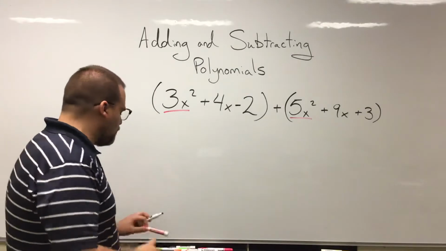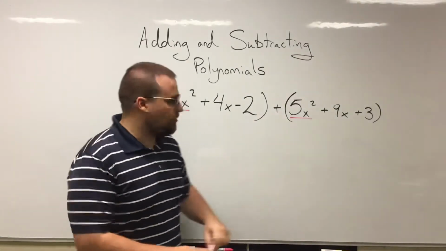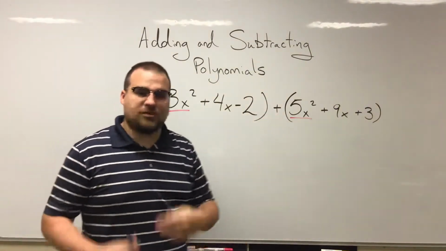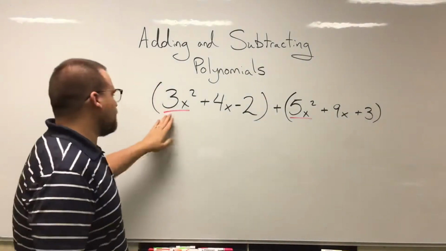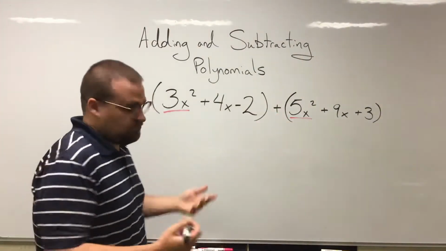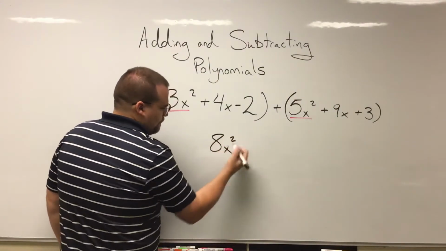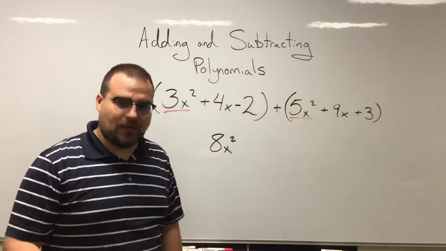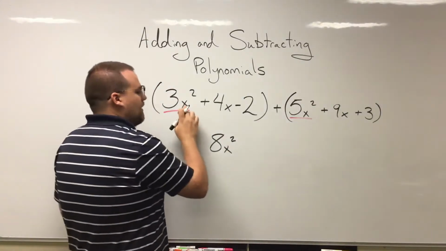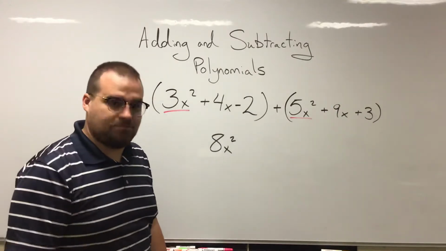So what we will do is take each of these terms and apply the operation between the polynomials to them. So we have a positive 3x squared and a positive 5x squared. We're going to add them. Well, we get 8x squared. As you know, when combining like terms, we always add the coefficients, but the variables and their exponents stay the same.